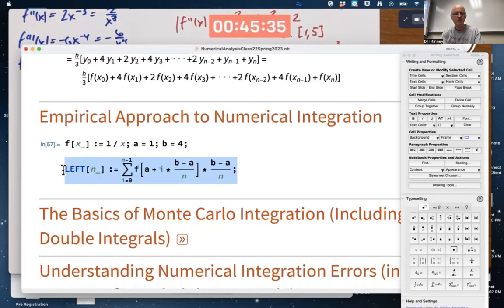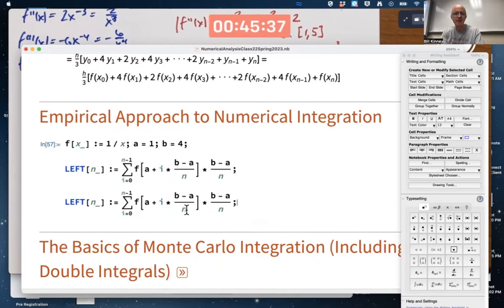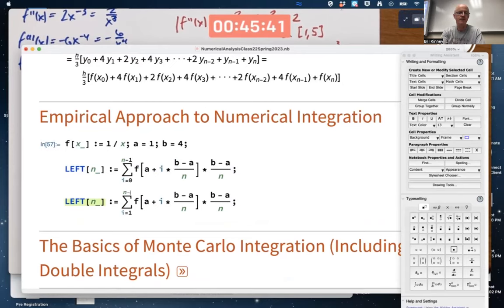For a right-hand sum, it's the same kind of thing, except start i at 1 and go to n instead. So for the first subinterval, I use the right endpoint, which is x1, not x0. For the second subinterval, I use x2. For the third, I use x3. For the last one, the nth, I use xn. I'm programming these into Mathematica as functions of n. I'll change the name of that one.